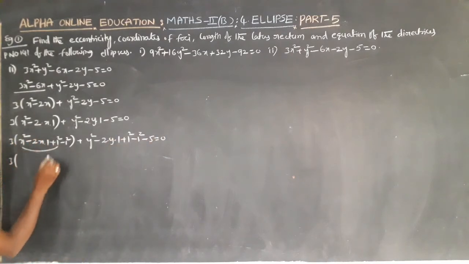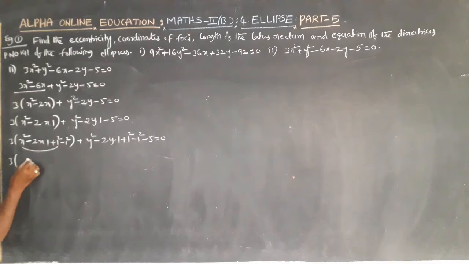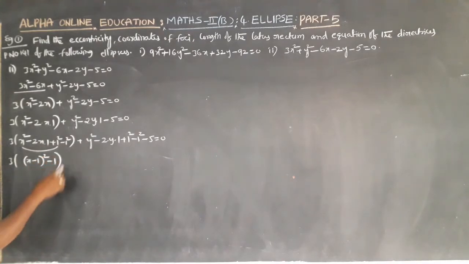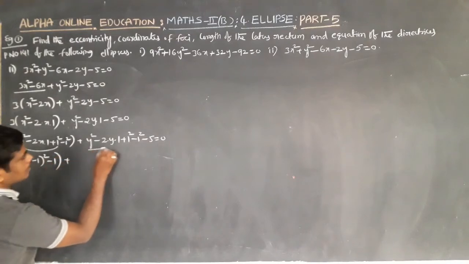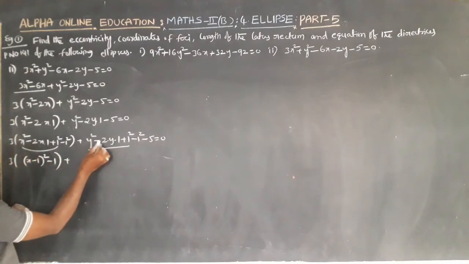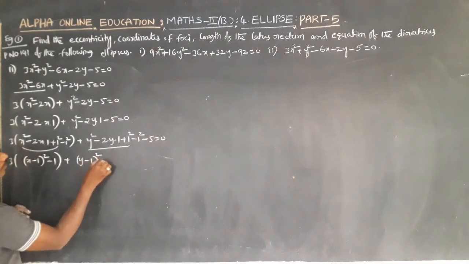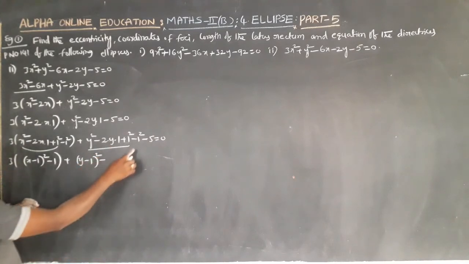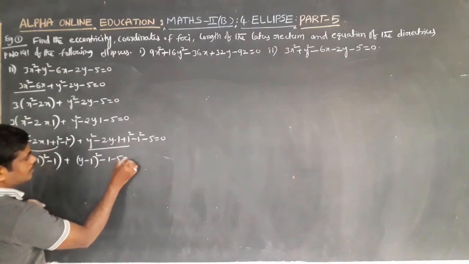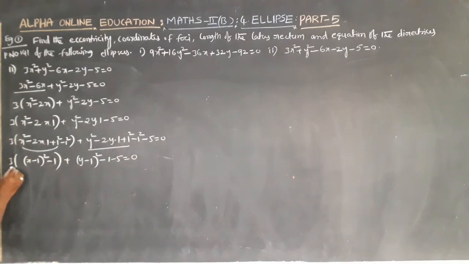3 into x² minus 2x plus 1 is equal to (x minus 1)² minus 1. Again, y² minus 2y into 1 plus 1 is equal to (y minus 1)² minus 1², then minus 5 is equal to 0.